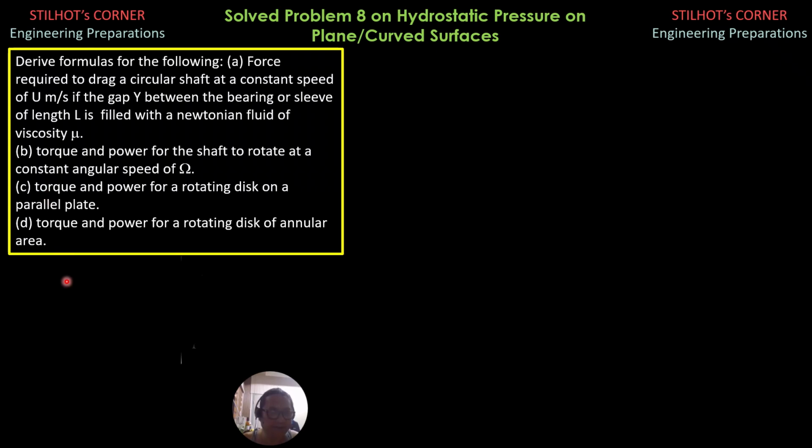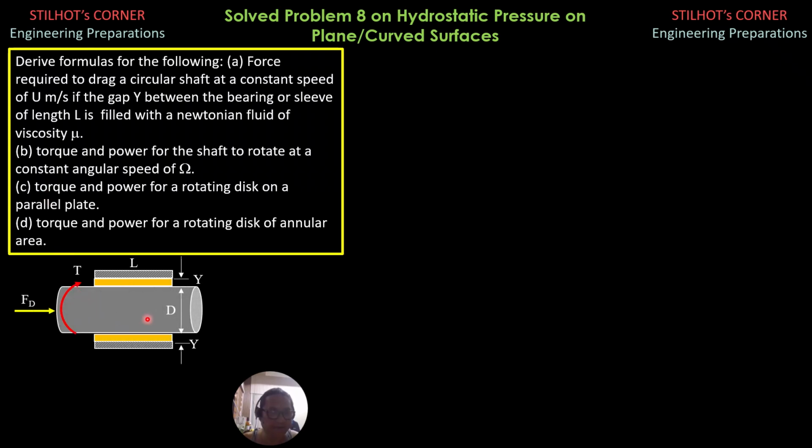So for the first part, this is the figure. We have here the circular shaft of diameter D, and the length of contact with the sleeve, or this may be a bearing mechanism, is L. The thickness of the fluid, or the distance between the gaps or surfaces filled with this Newtonian fluid, is denoted by capital Y as shown.